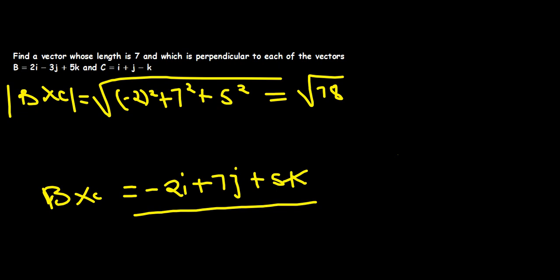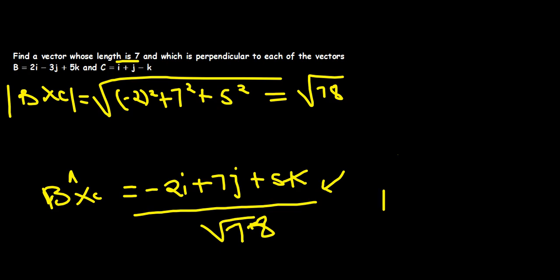So the unit vector of b cross c will just be this same vector divided by the root of 78. But remember, our aim is to find another vector that has length 7. We know that for this unit vector, when you find its magnitude, you are going to have 1.